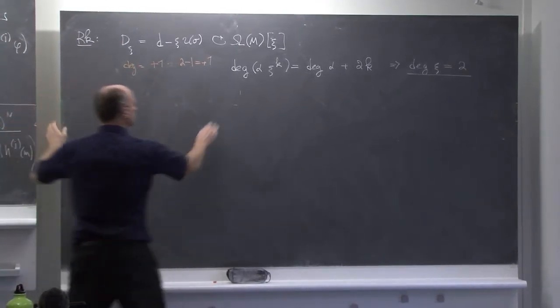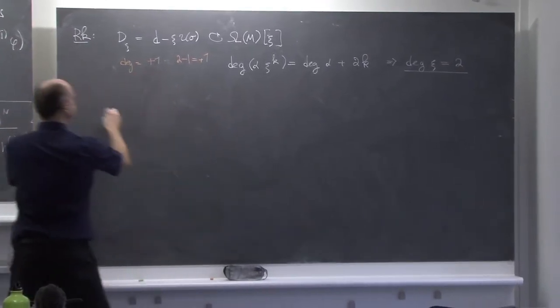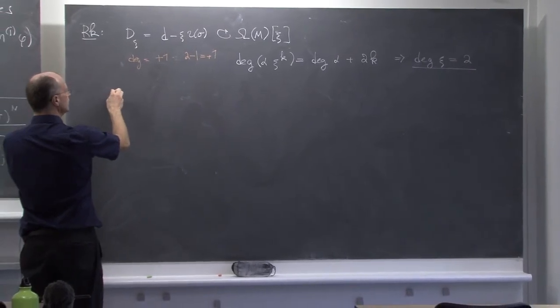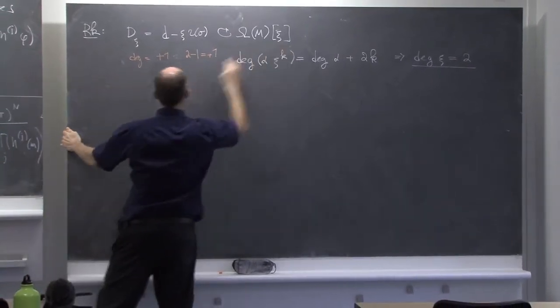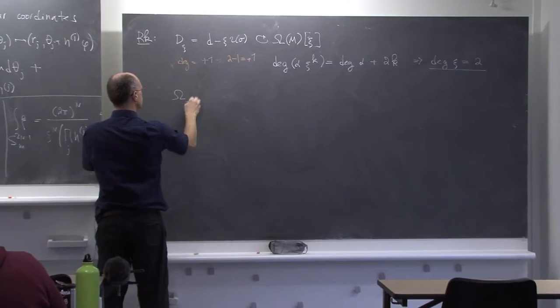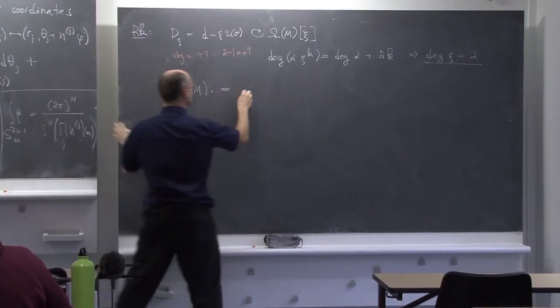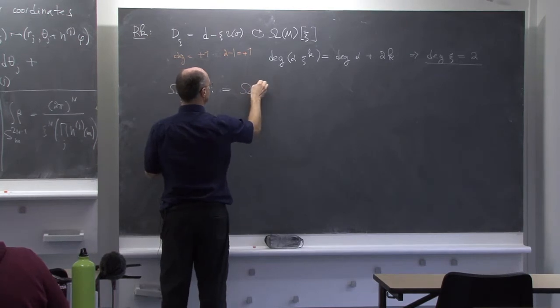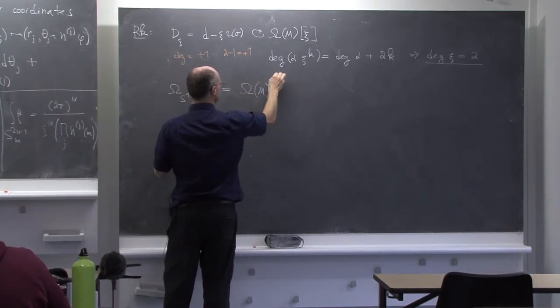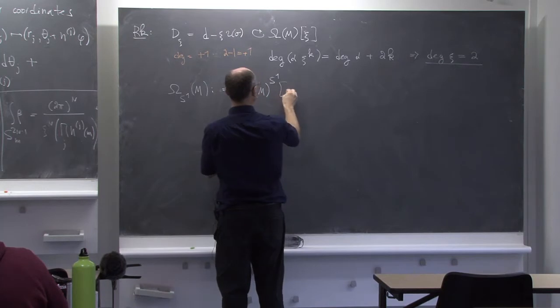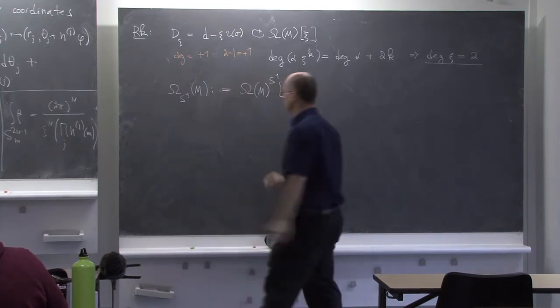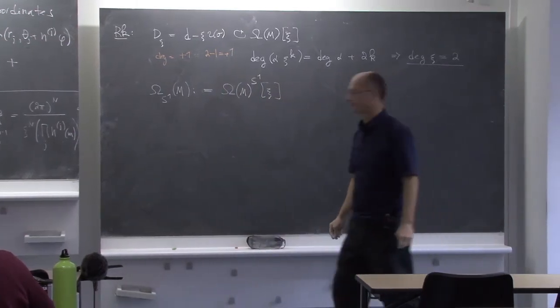Now, let's consider inside this space of equivariant differential forms, which will be simply S^1 invariant forms and polynomials in ψ.